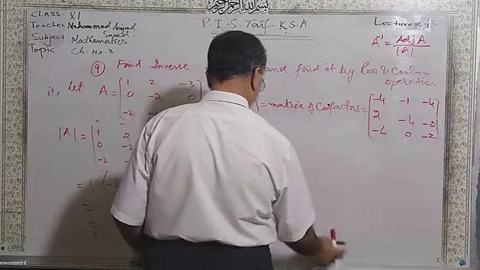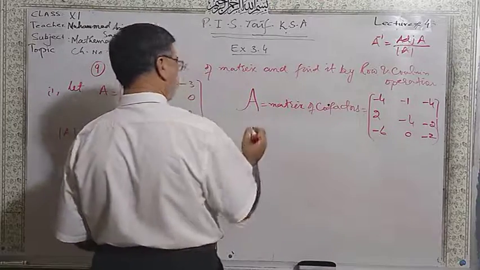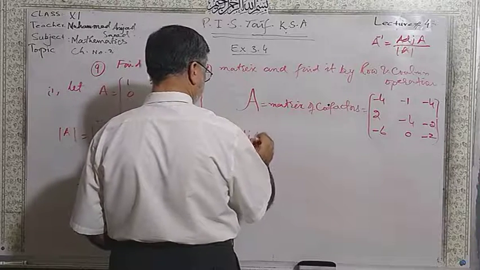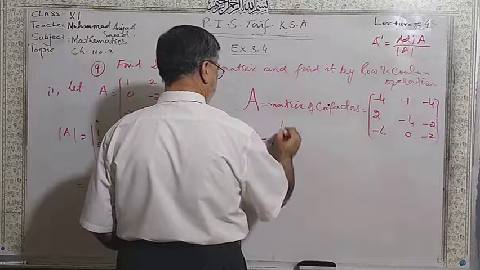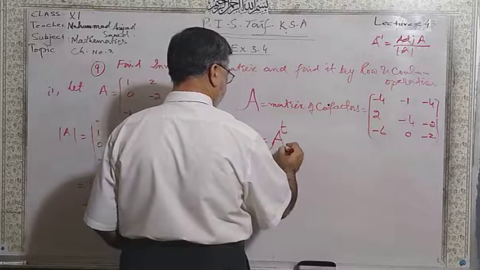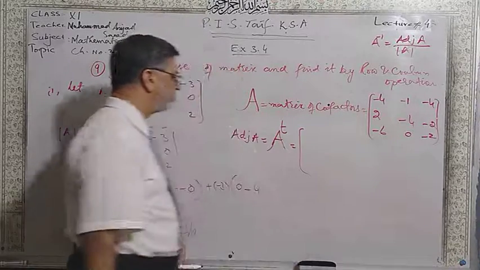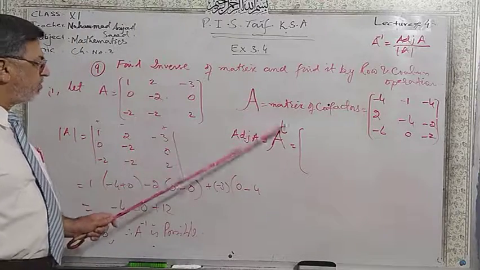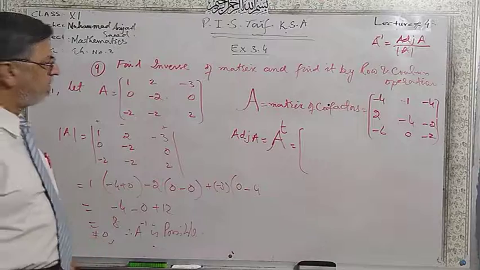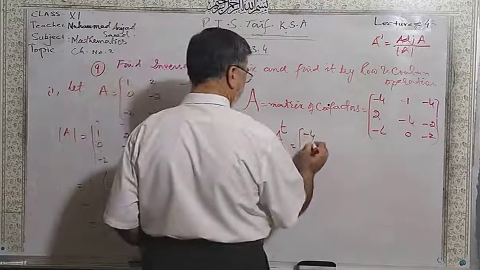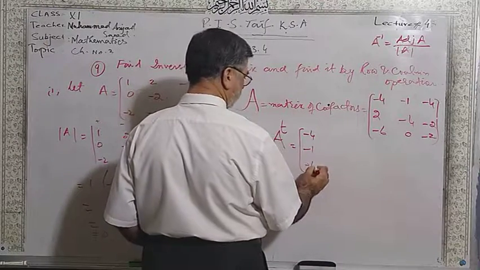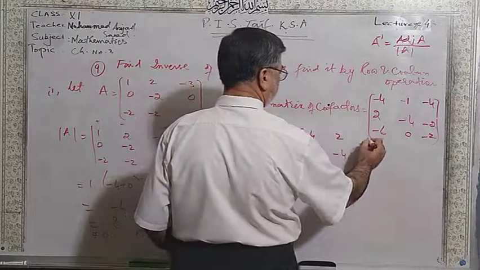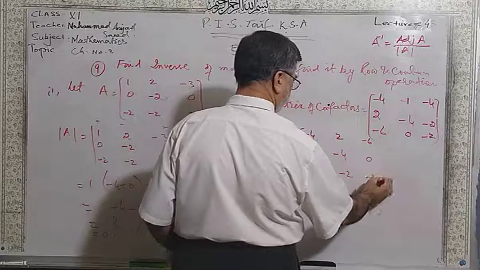So adjoint A is equal to the transpose of the matrix of cofactors. First row becomes first column, second row becomes second column, and third row becomes third column.